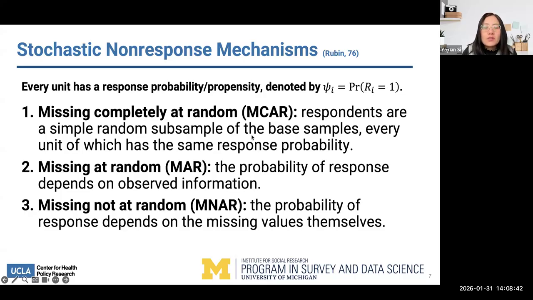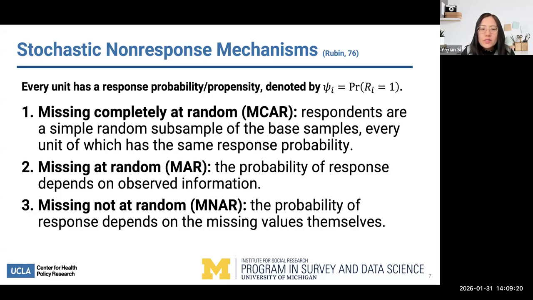There are 3 main response mechanisms. As the missing data mechanisms, we could have missing completely at random. The respondents are a simple random subsample of the base sample. This is the most ideal case, but it is hardly the case in practice. In practice, researchers often assume missing at random. That is, the probability of response depends on the observed information.